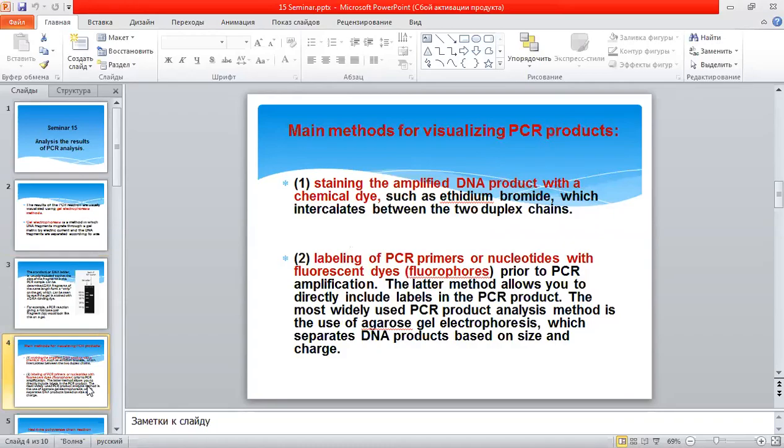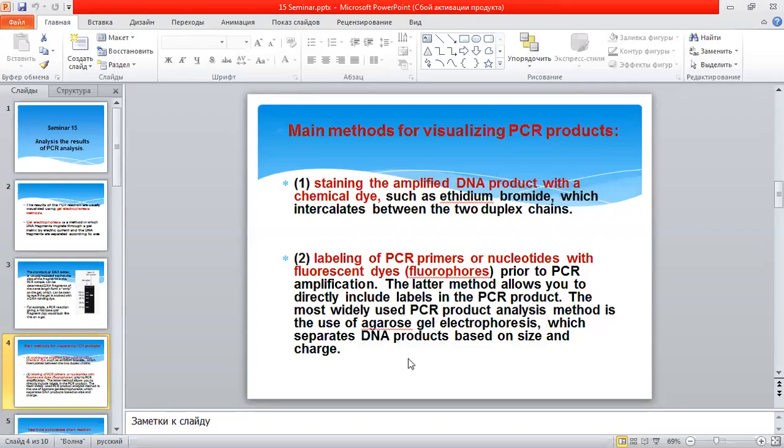The main methods for visualization of PCR products: first, staining the amplified DNA product with a chemical dye, such as ethidium bromide, which intercalates between the two strands of the double helix. The second method is labeling of PCR primers or nucleotides with fluorescent dyes, fluorophores, prior to PCR amplification.